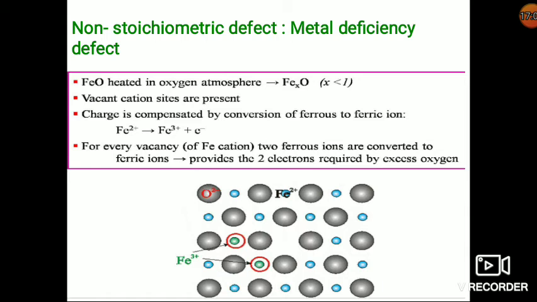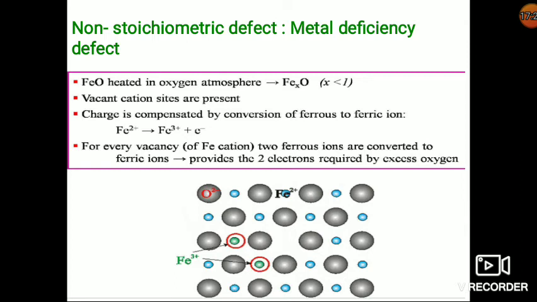The electrical neutrality will get balanced like this: 2 Fe3 plus is equivalent to 3 Fe2 plus, because for 3 Fe2 plus the charge is 6, and on the other hand for 2 Fe3 plus the charge is also 6.